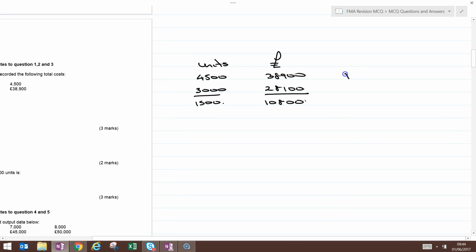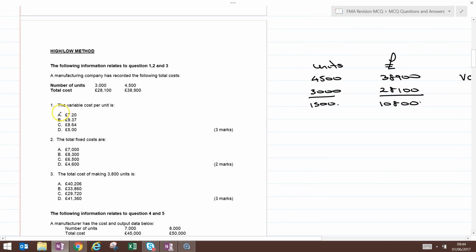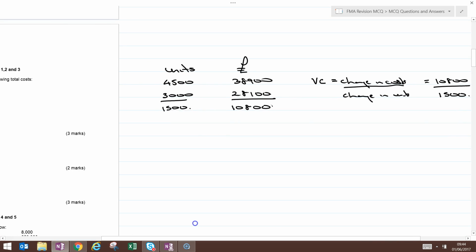To work out the variable cost, it's the change in the costs divided by the change in the units. So that's 10,800 divided by 1,500, which equals £7.20. Okay, so answer A.